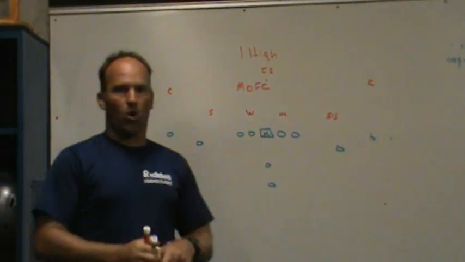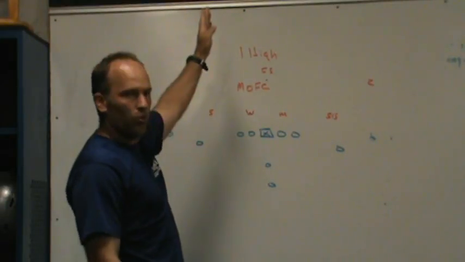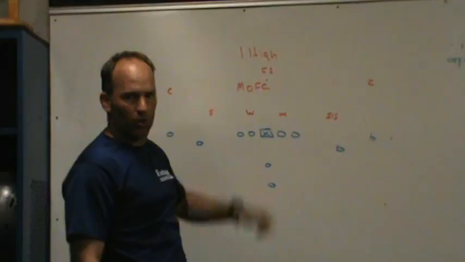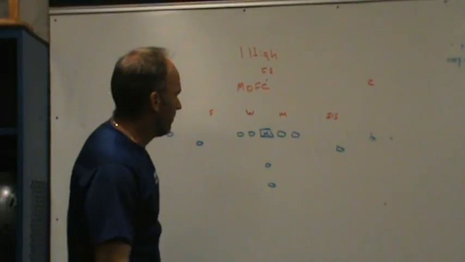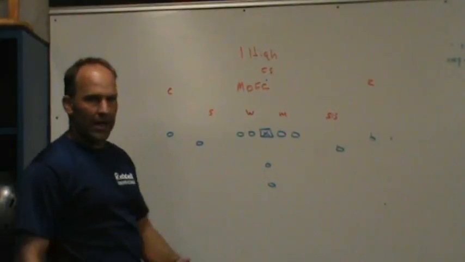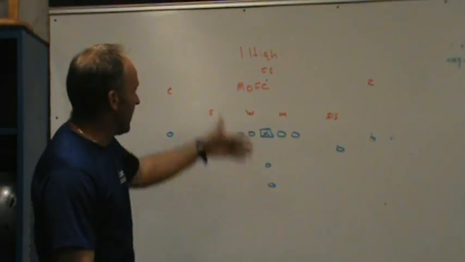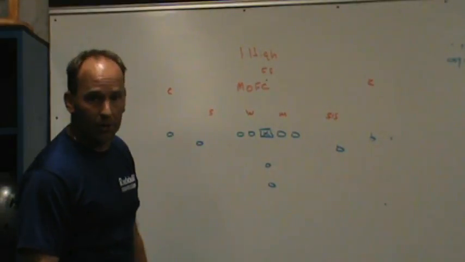In other words, there's 1 high safety and the middle of the field is dead closed because that safety takes it away. So now, right away, what you're teaching your quarterback is it's a 1 high structure. So we're assuming that we're going to get some type of 3 deep or man free.